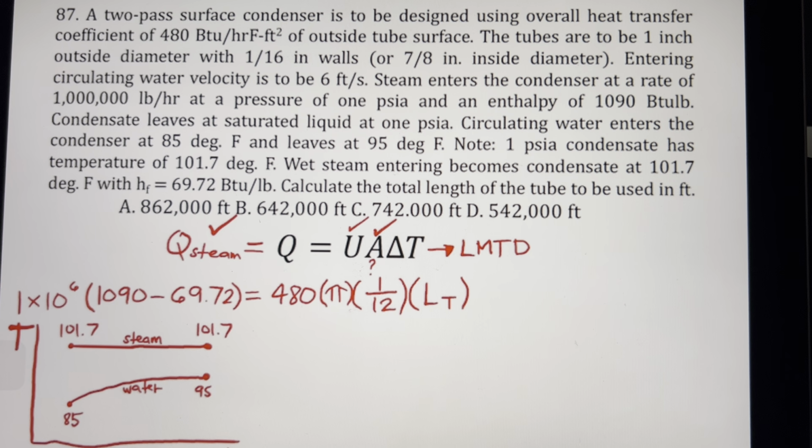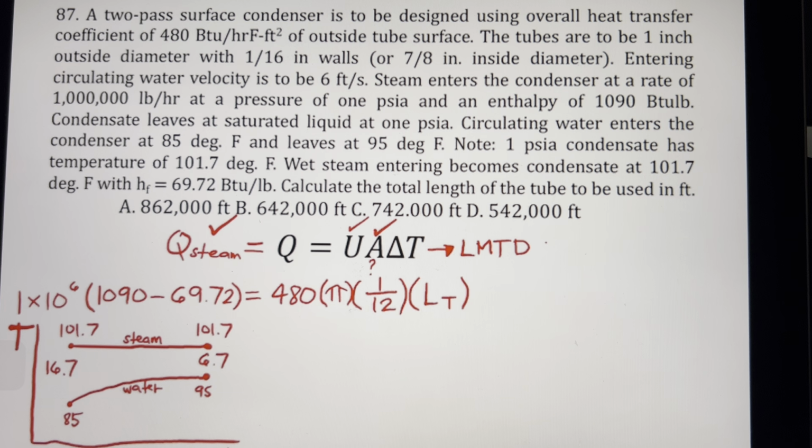And it is required to analyze the differences of the temperatures on each side. So let's start with the left side. That will be 101.7 minus 85, which is equivalent to 16.7. And for the right side, that will be 101.7 minus 95, so that is 6.7.